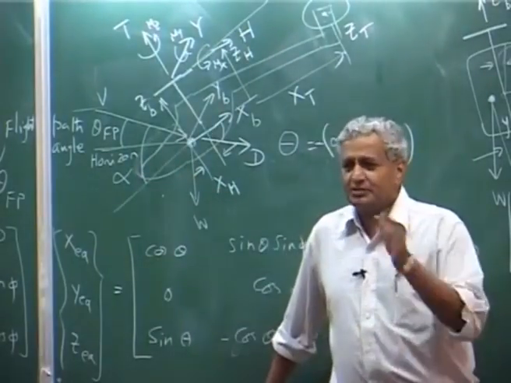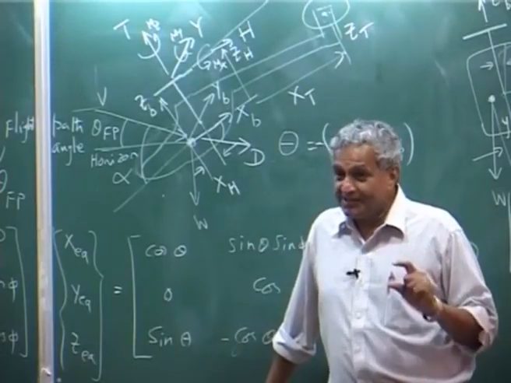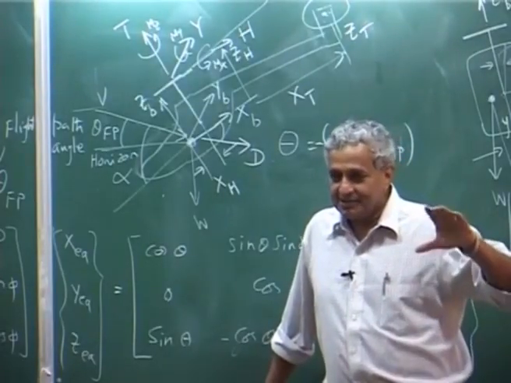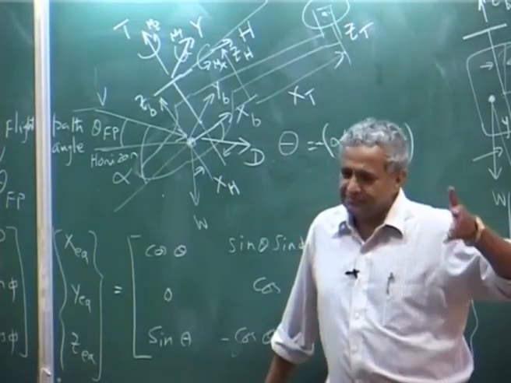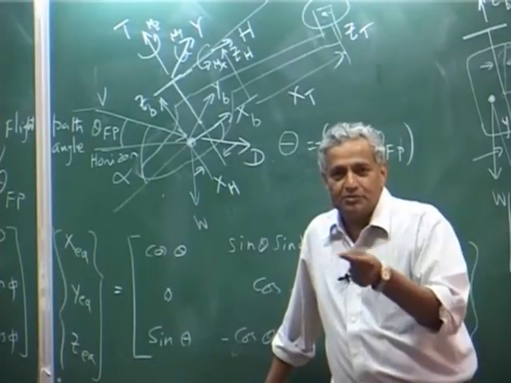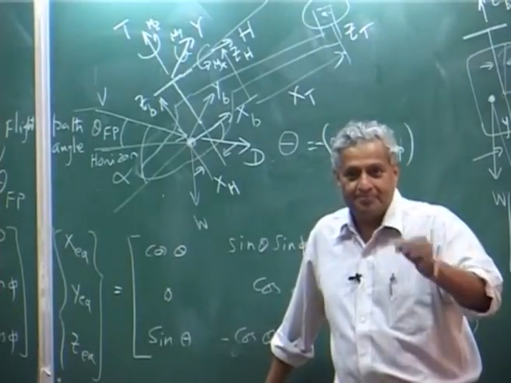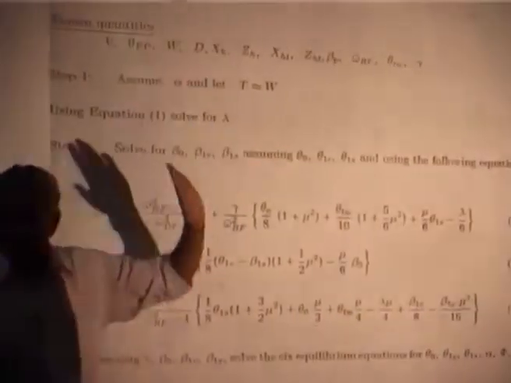You may say I assume 0, no problem, because for hover I may take it 0. That is why the first case is hover, whatever result you get for alpha, if it is 0, when you go to the first forward flight of 0.05 mu, you assume 0. Then thrust is equal to total weight, just approximately thrust is weight.